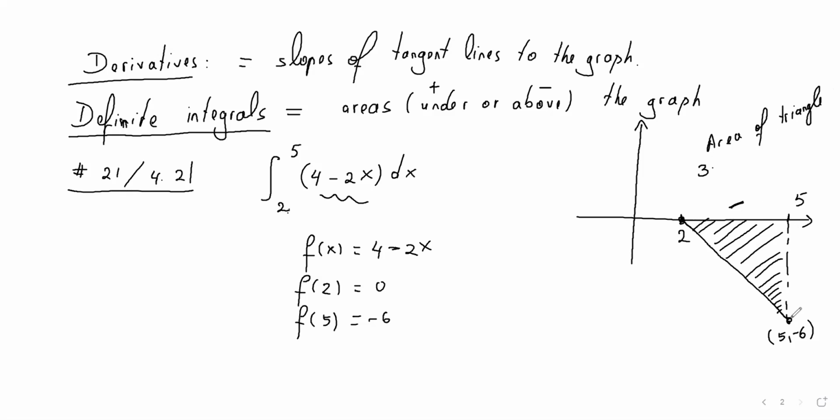Here, the height is 6. So it's 3 times 6 divided by 2. That's the area of a triangle. And because it's with a minus, we're going to say the answer here is negative 9, because 3 times 6 divided by 2 is 9. So that is the answer for our problem here.